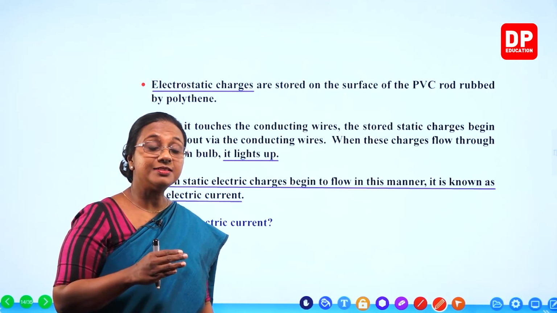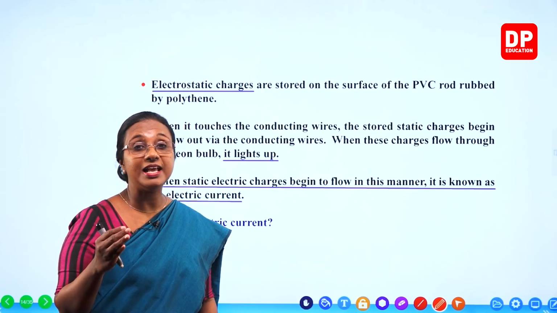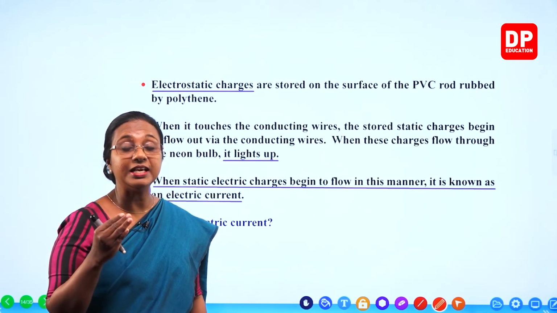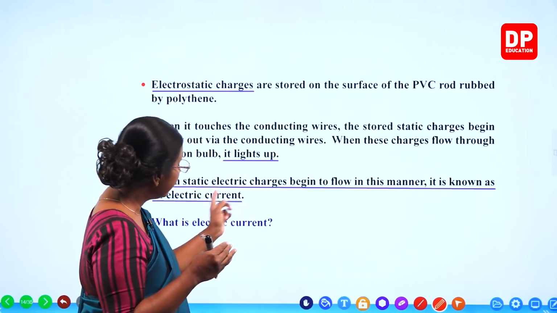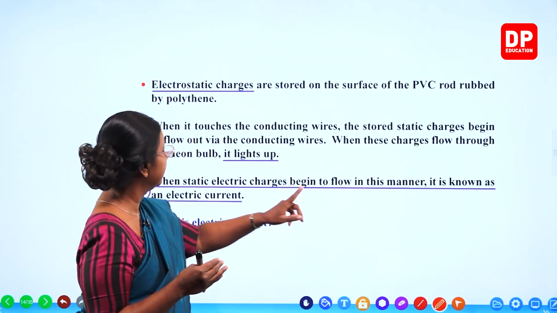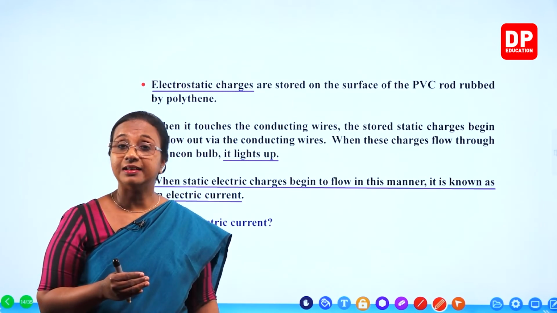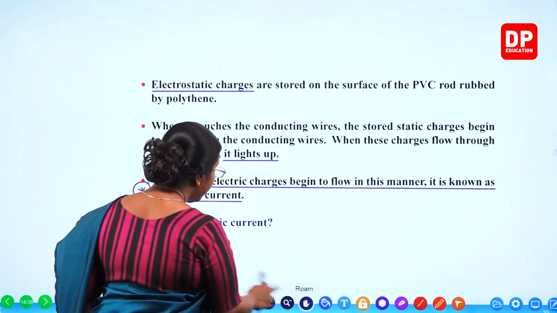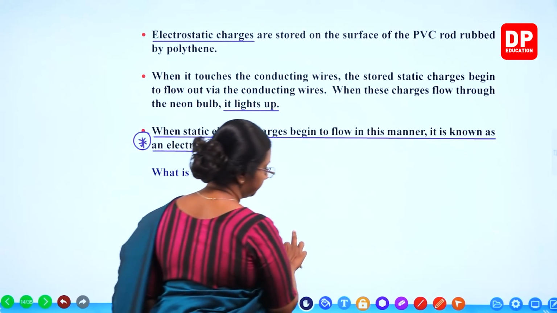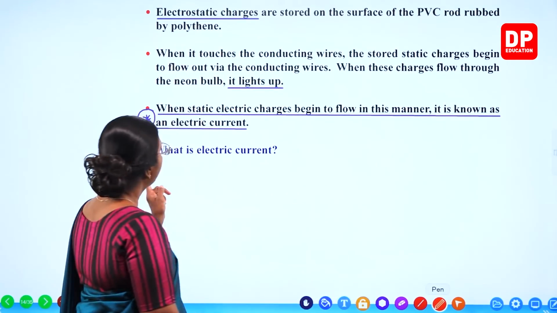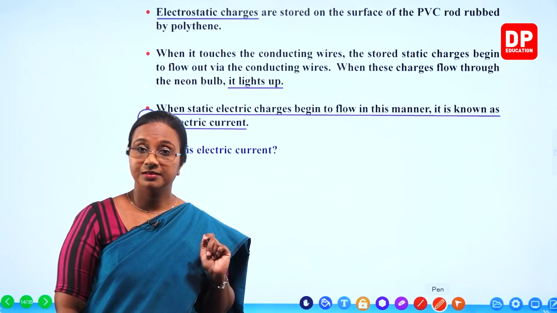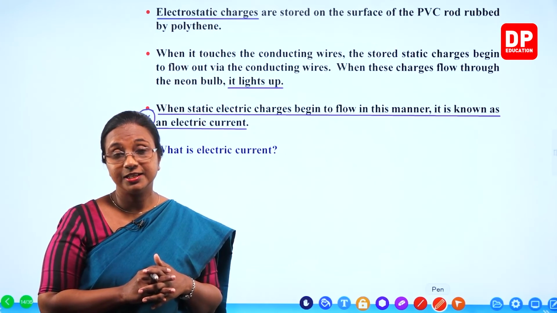So when the electric charges don't flow, we call it electrostatic charges or static electricity. But when they begin to flow in this manner, it is known as an electric current. So if you are asked the question, what is electric current? What will you all write?